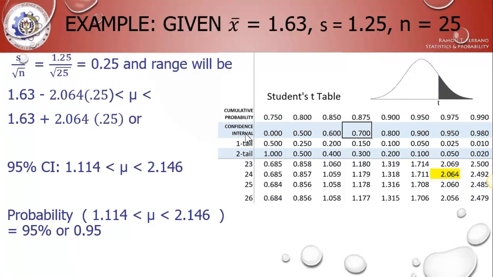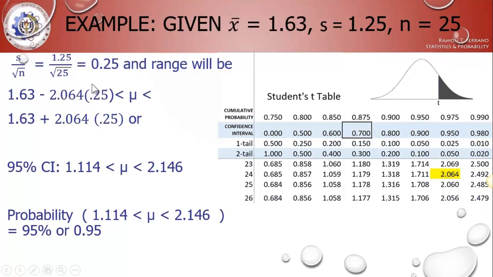So kung 95% ang confidence interval, you look at the table at 0.950. So at 25 sample size, you have a degrees of freedom of 24. You will have 2.064 as your factor, the t factor.